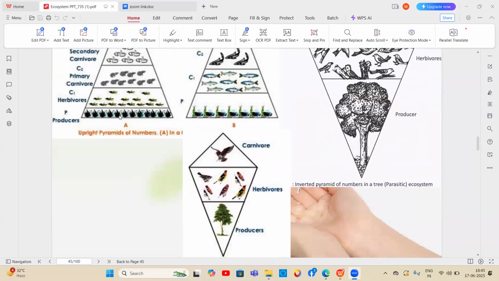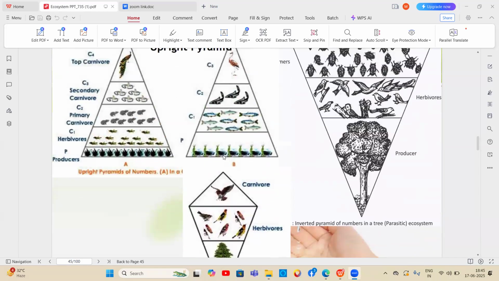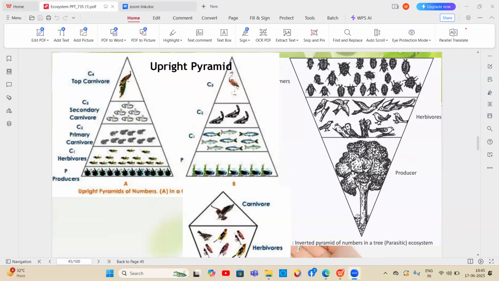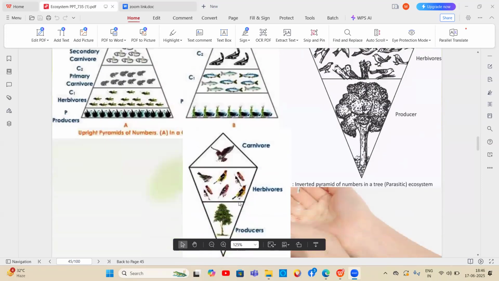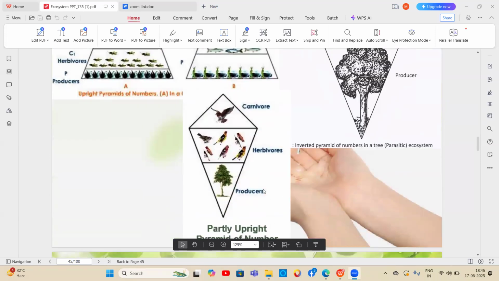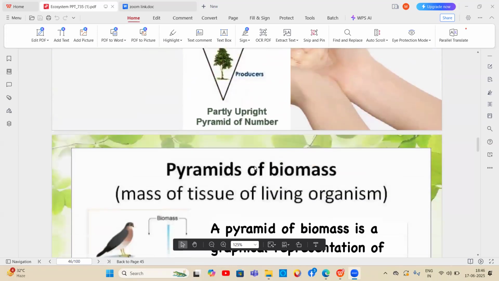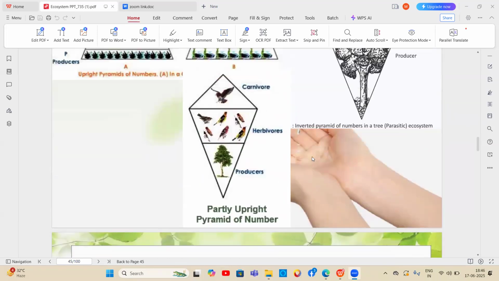Generally in the grassland ecosystem the pyramid of number is upright, and in the aquatic ecosystem it is also upright, with more phytoplankton compared to small fishes, and then large fishes. The pyramid of number is inverted in the parasitic ecosystem and spindle shaped in the forest ecosystem. These three points are important.